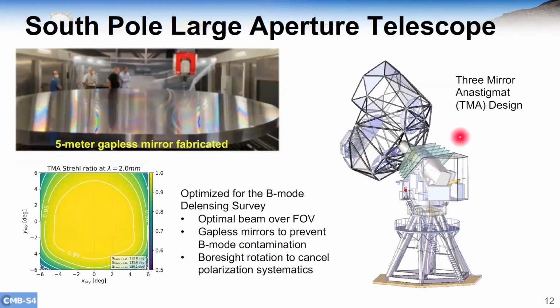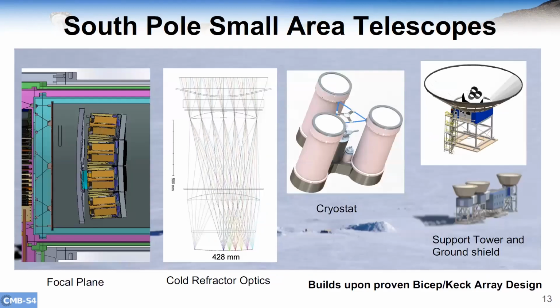And this would use a TMA, a three-mirror anastigmat design. The small aperture telescopes, again, are building on the proven designs that we heard of in Clem's talk yesterday, the BICEP Keck designs, and basically multiplying that to more small aperture telescopes.